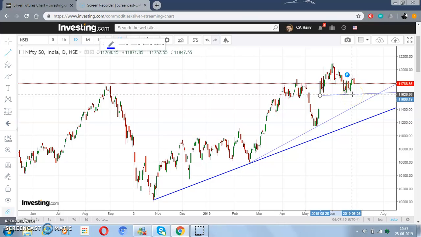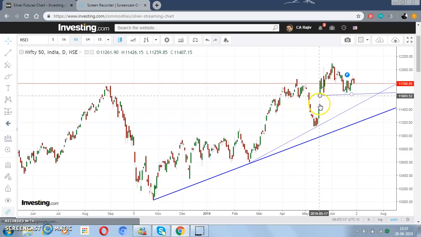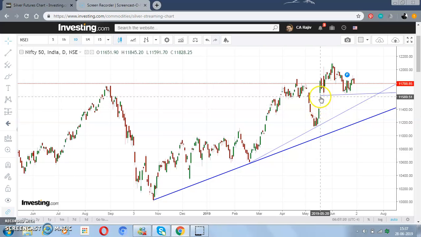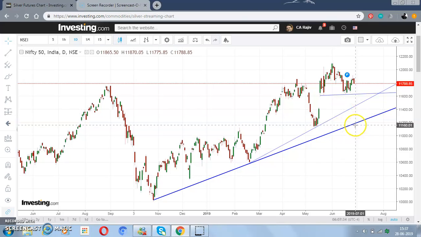So here we'll draw another small trend line, that is a minor trend line, and as you can see, this is the gap area which the Nifty created on the day of the announcement of the results of the elections. So now friends, we have drawn three trend lines. One is the major trend line, which is the dark blue, and two minor trend lines.